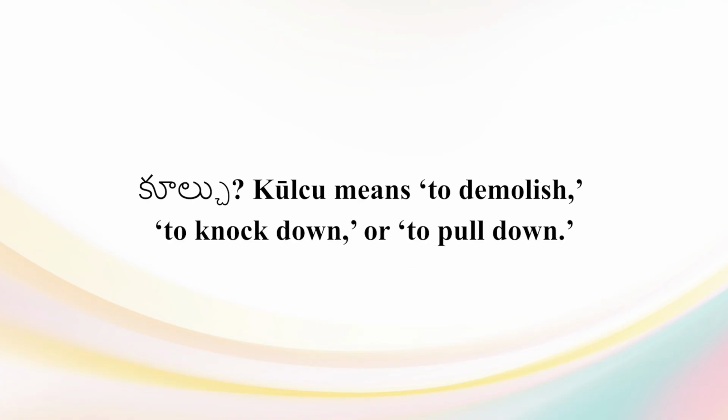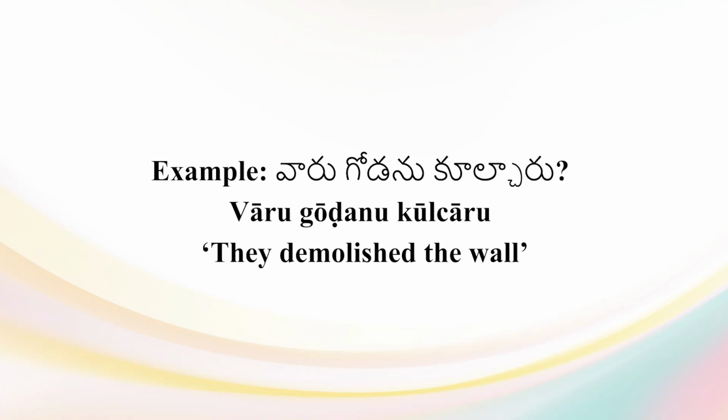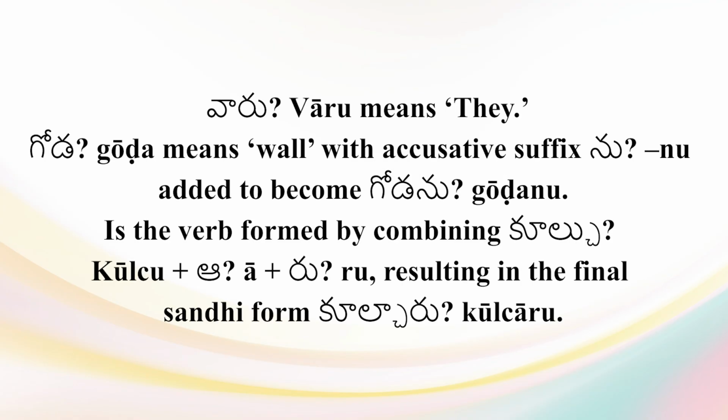Kulsu means to demolish. The example is వారు గోడను కూల్చారు, which means they demolished the wall. వారు means they. Goda means wall, with accusative suffix nu added to become godanu. The verb is formed by combining kulchu plus a plus ru, resulting in the final sandhi form kulcharu.